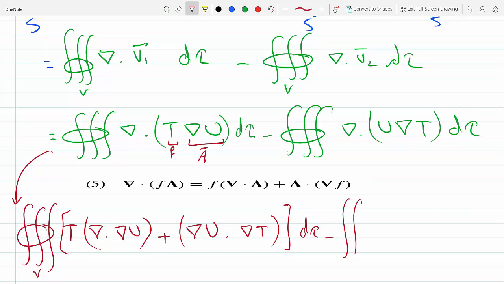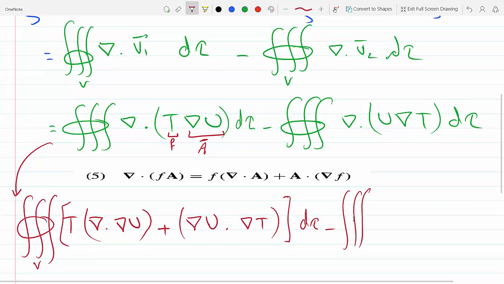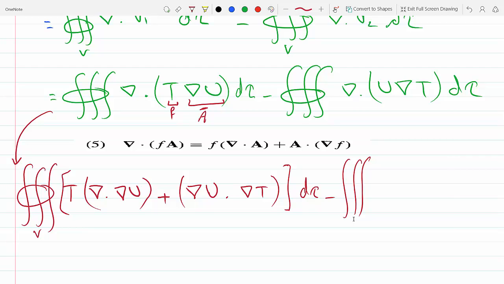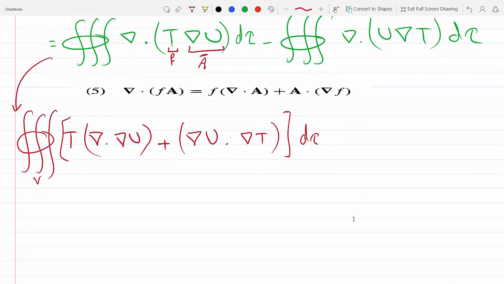Minus, except here you switch the roles of U and T, because notice the only difference is that instead of having T gradient U, you have U gradient T. So you just switch them. Basically you're applying the same rule, product rule number 5. I don't know if I have enough space here, so let me continue here.